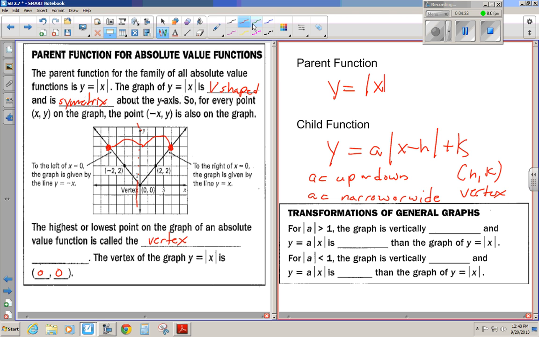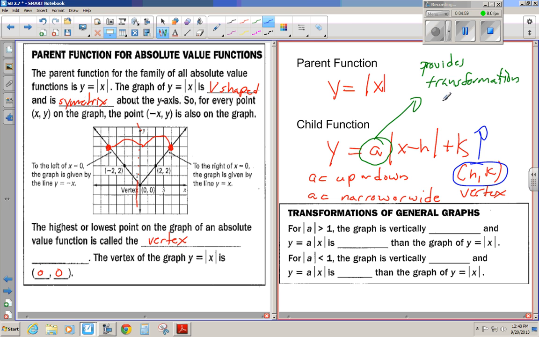So basically what happens here is the A value provides a transformation and the h, k provides a translation. It actually moves it around, changes it, shifts it, if you will.